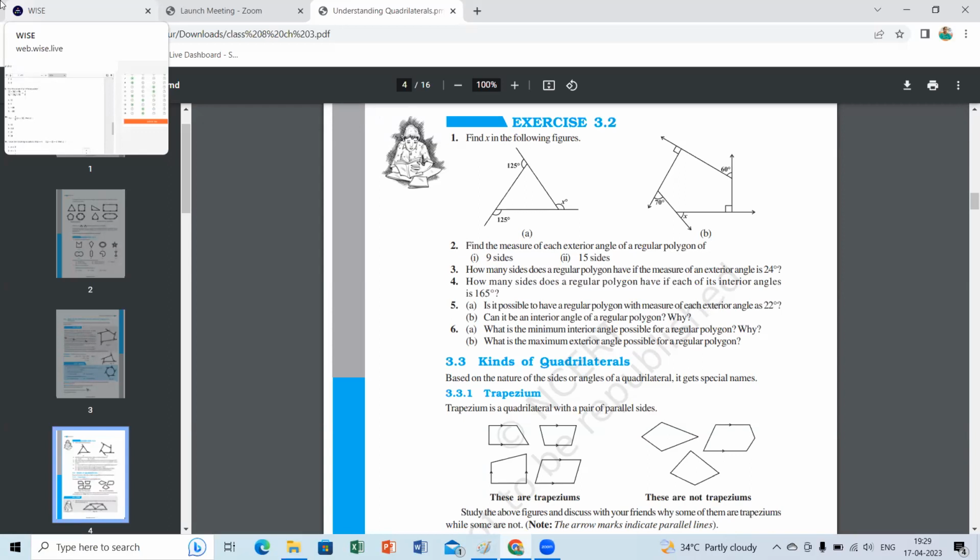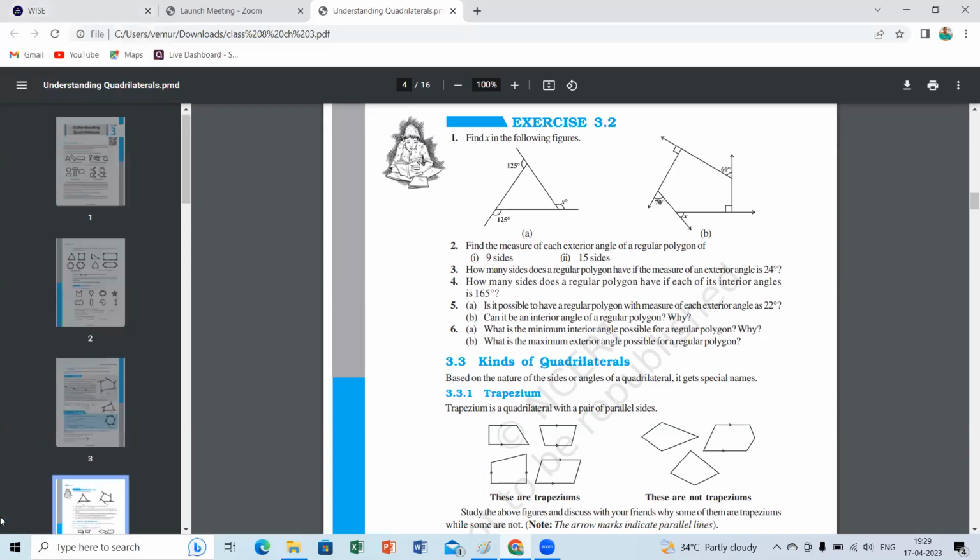Square, rectangle. That's what we have. One minute, children. If any video regarding this is available, we will go through that.